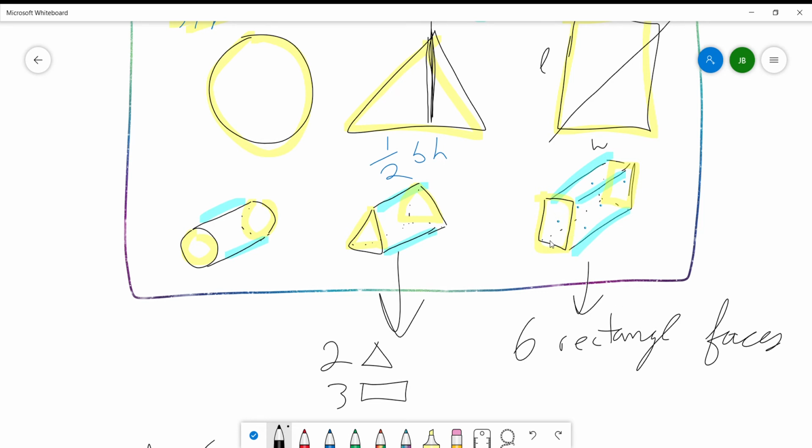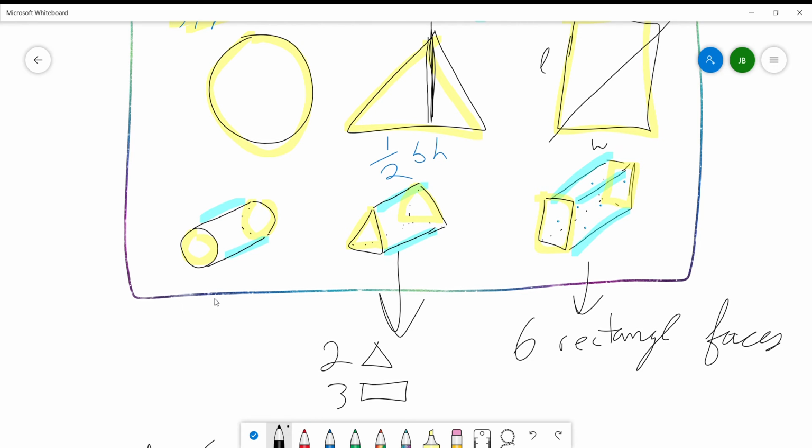You could have the base, you could have this what I drew as long. It doesn't necessarily have to be long. So you could call these the bases, or you can call the top and the bottom right now the bases. The bases are kind of tricky, because however I position my shoebox defines which one is the base, right? Which one's the bottom, which one's the top. It depends how you're holding it.